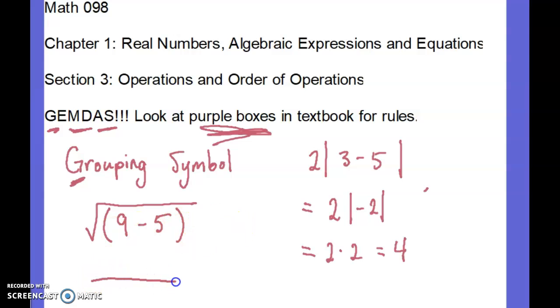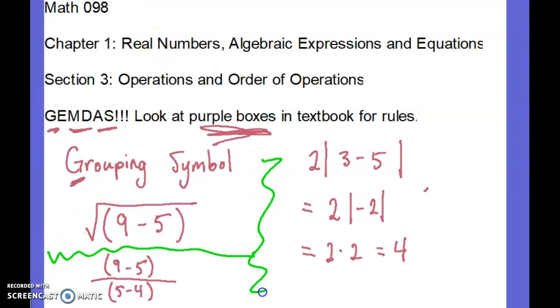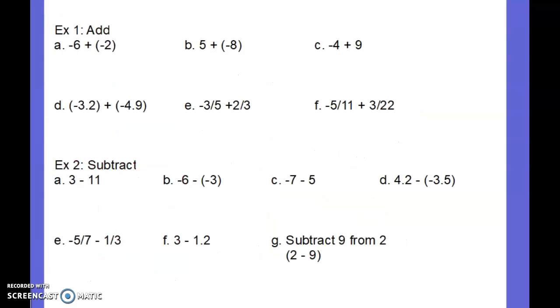Another example that's pretty common is a division problem, let's say 9 minus 5 over 5 minus 4. Some people try to divide before subtracting, but there are implied parentheses on top and bottom. So here's a couple more examples of why I prefer grouping symbols over parentheses. Maybe that makes a little bit more sense to you after seeing that.